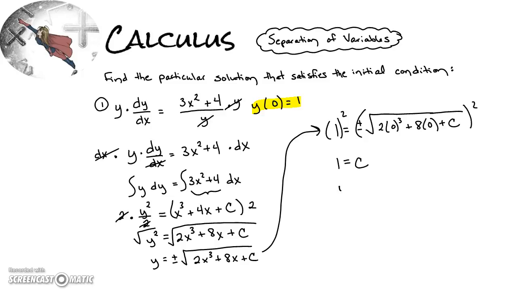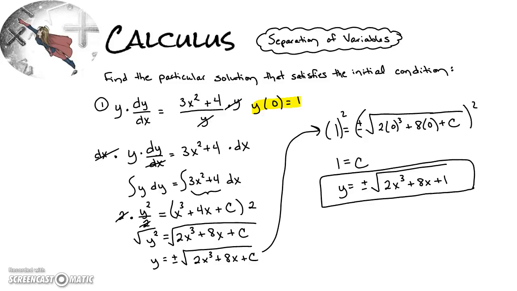So the final answer would be y equals plus or minus the square root of 2x cubed plus 8x plus 1. And so that is the solution to the differential equation.